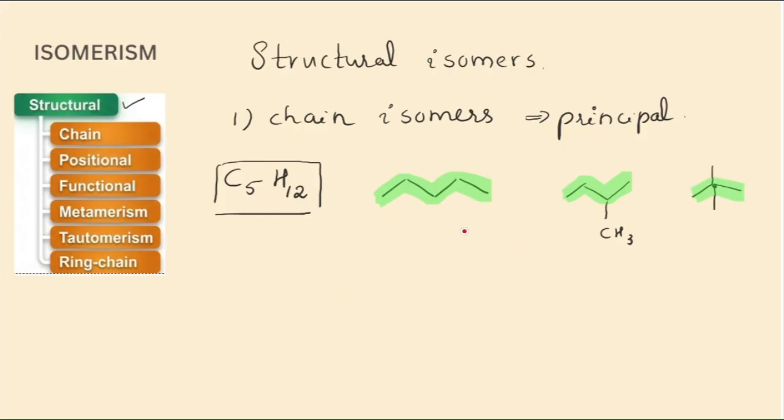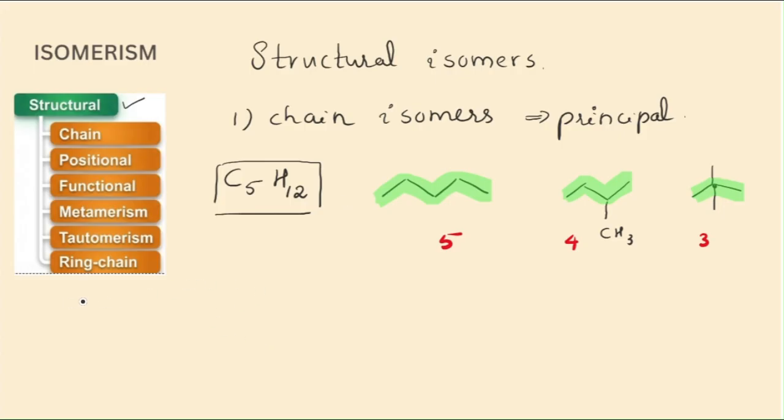So here we have 5 carbons, here 4 carbons, and here 3 carbons. In that case, we are going to call them chain isomers. Many students ask me, do we have any formula to determine how many isomers are possible for a given molecule? No, that is not possible. It's something you have to practice and learn.